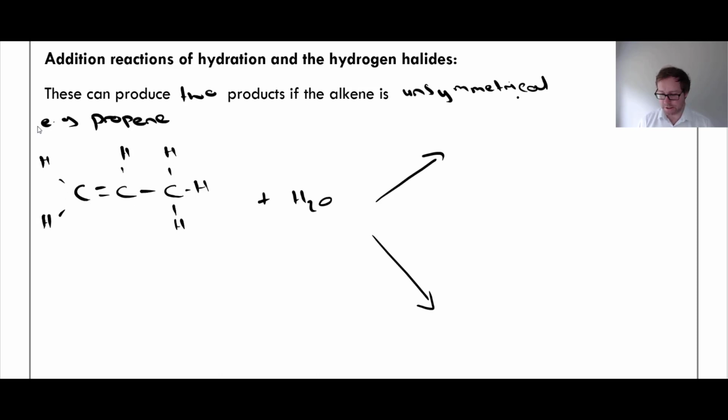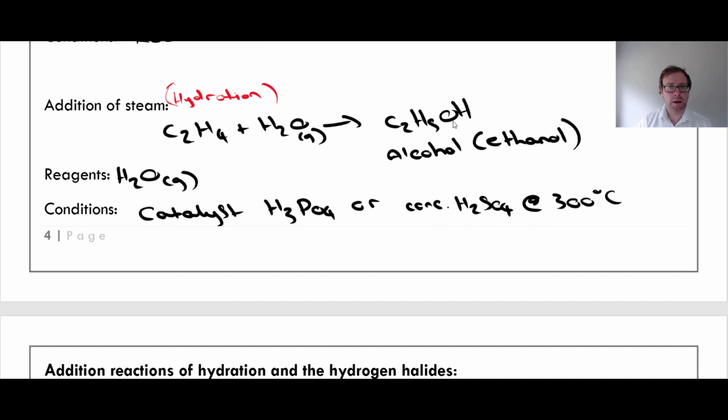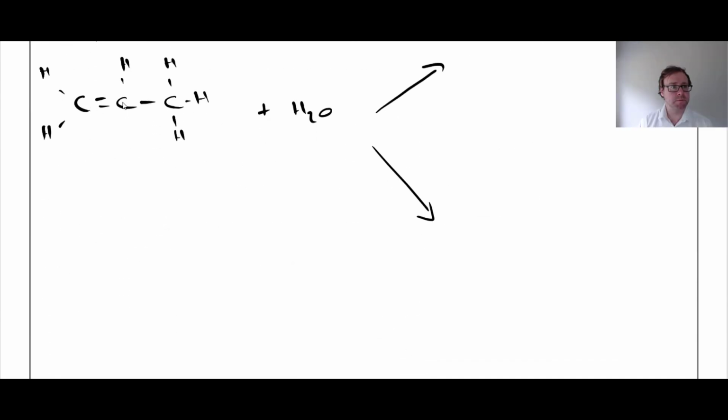So this double bond is going to break, which means that I'm going to add an oxygen and hydrogen to form an alcohol, as shown here. But the position of this alcohol group depends on where I add it.